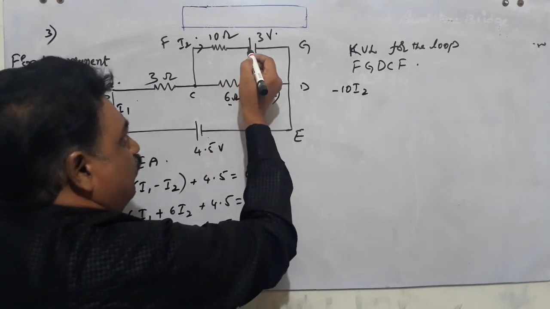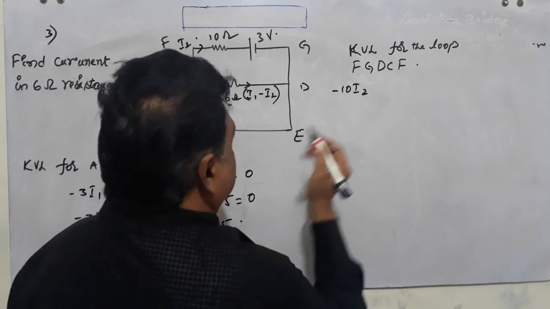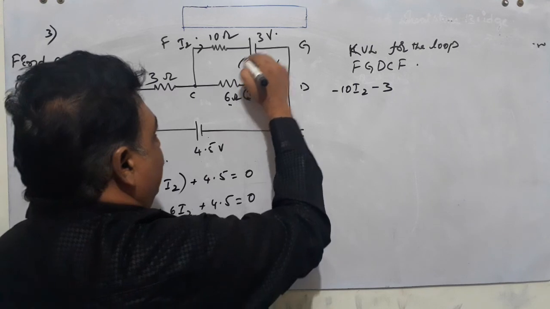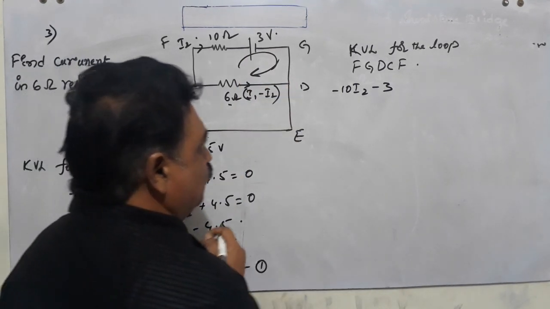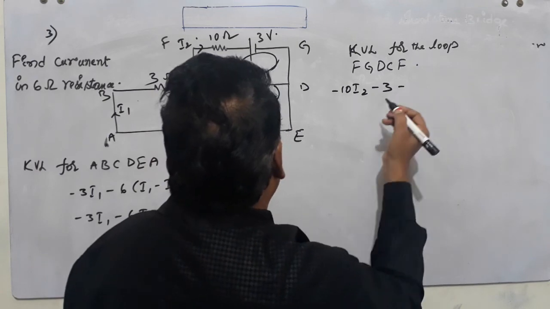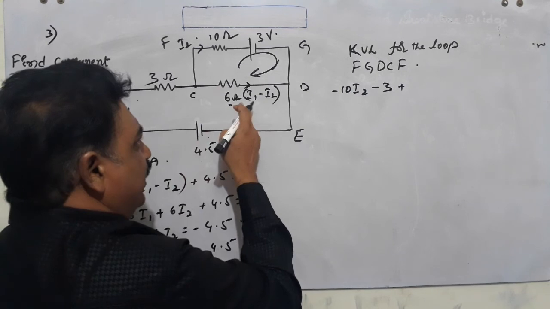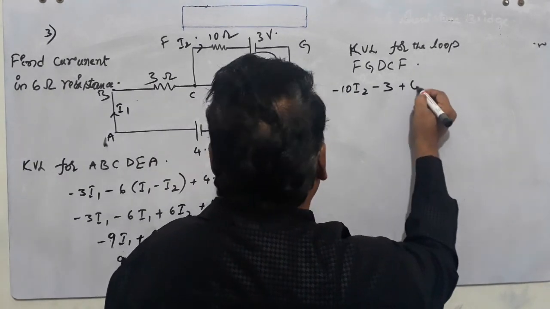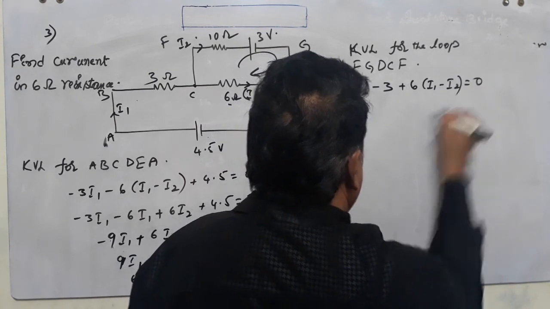Here you are moving from the positive terminal to the negative terminal, that is minus 3 volt. And here you are moving in this direction, that means against I1 minus I2, so you are moving against the current, that is, potential is raised across this resistor. Therefore plus 6 into I1 minus I2 is equal to 0.